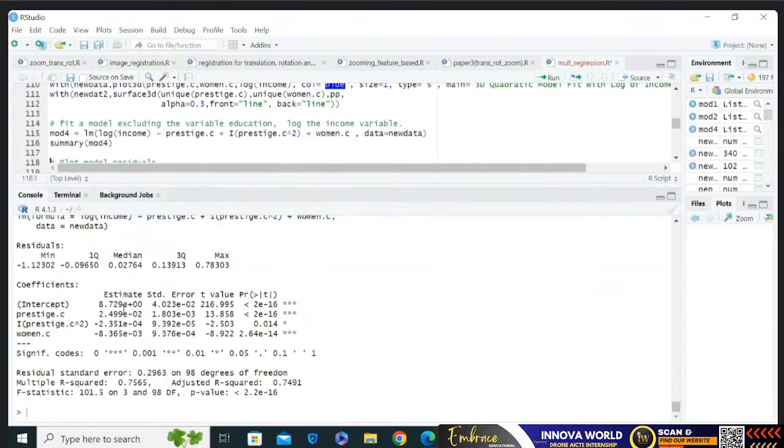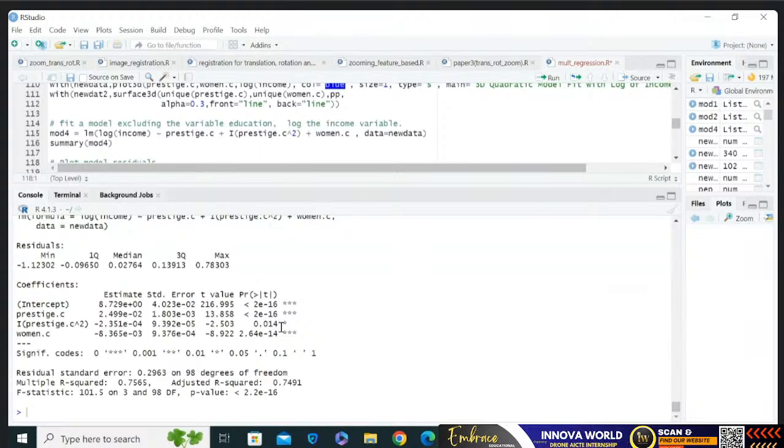Now as you can see, here all are significant, because the response has changed, right? The prestige.c is completely significant, and this quadratic term of prestige.c is significant to some level. How much is it significant?